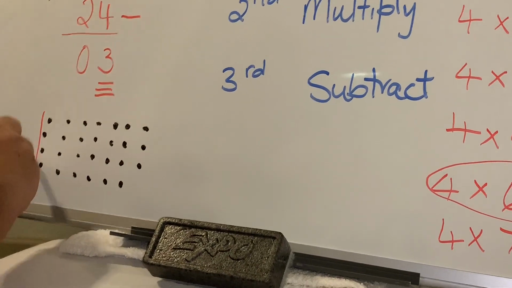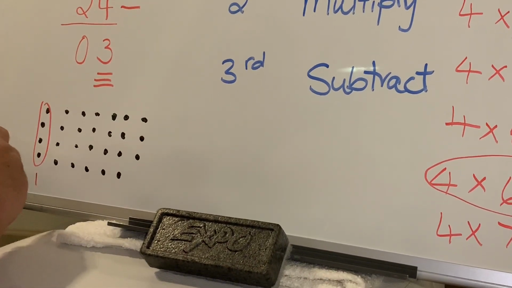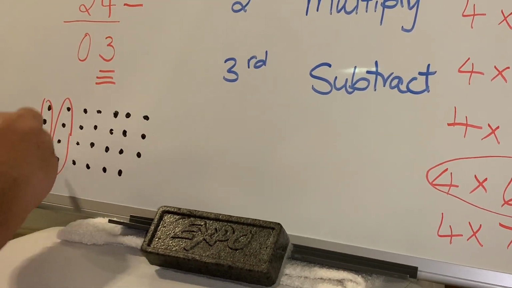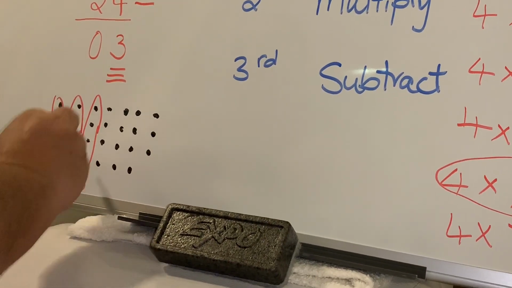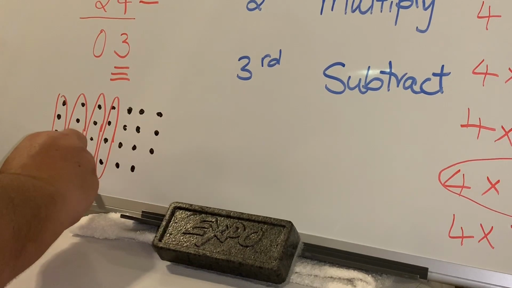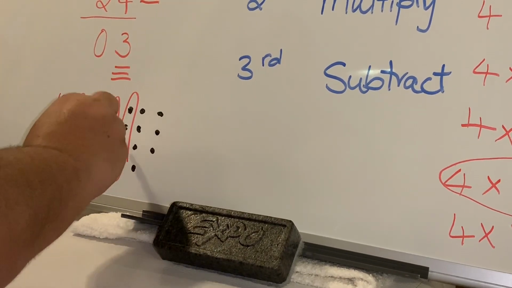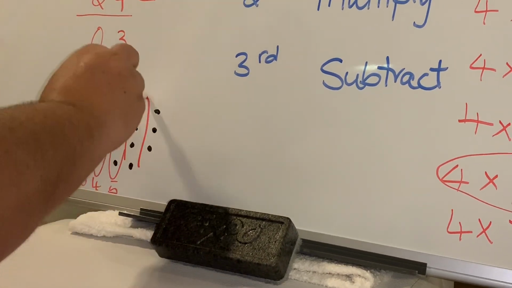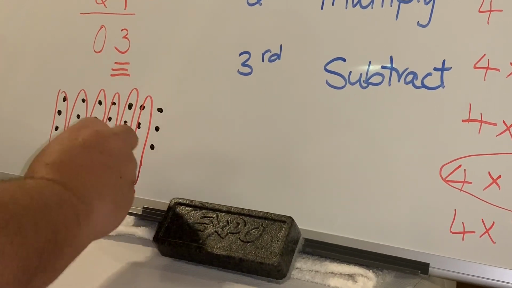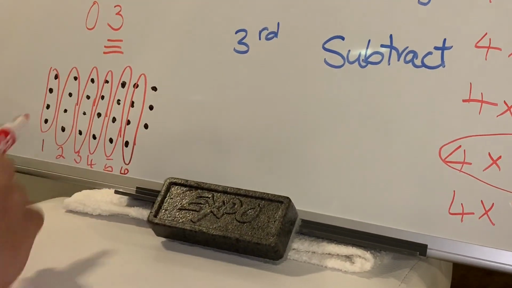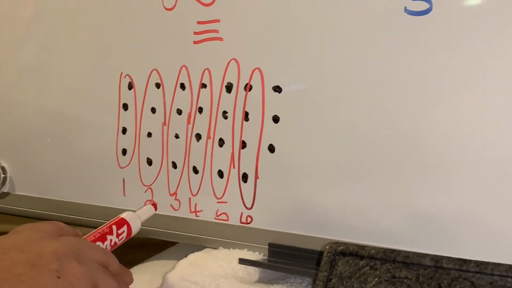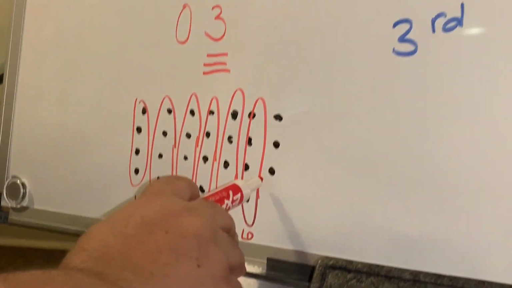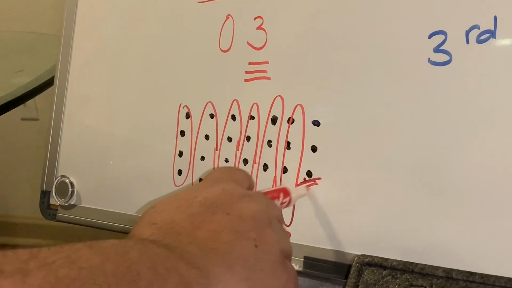We can take it out 1 time, 2 times, 3 times, 4 times, 5 times, 6 times. We cannot take 4 out of this 3. So we have gotten 6 sets of 4 out of 27, but we have 3 remaining.